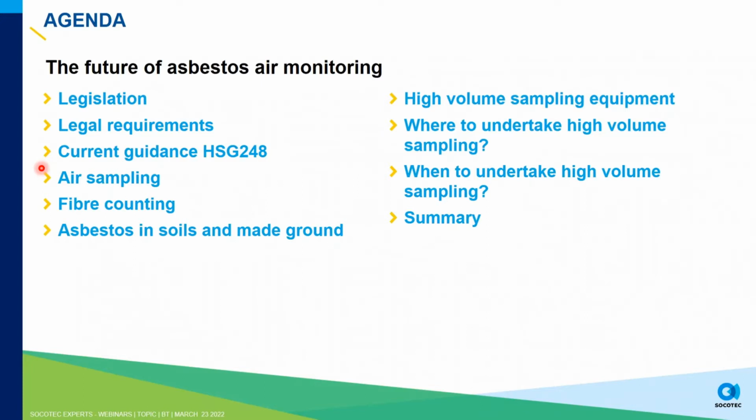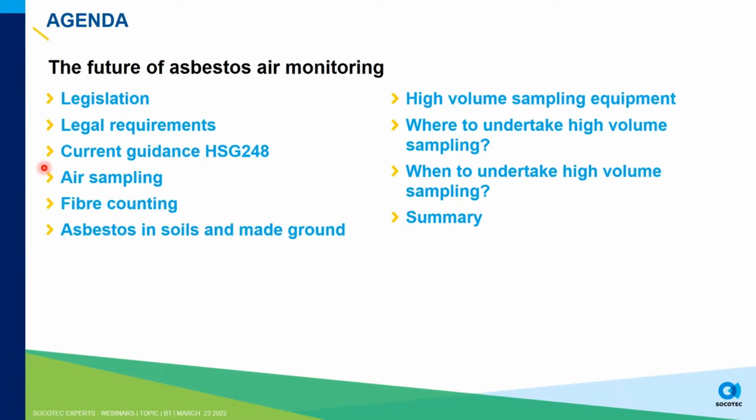This is the standard technique we use in the UK, and then a slant towards an introduction to high volume air sampling, and where we can use these techniques maybe in the future, what kind of scenarios we can take high volume samples in to aid our best practice in terms of managing asbestos risk. And then we'll wrap up with a summary on what the future may hold.